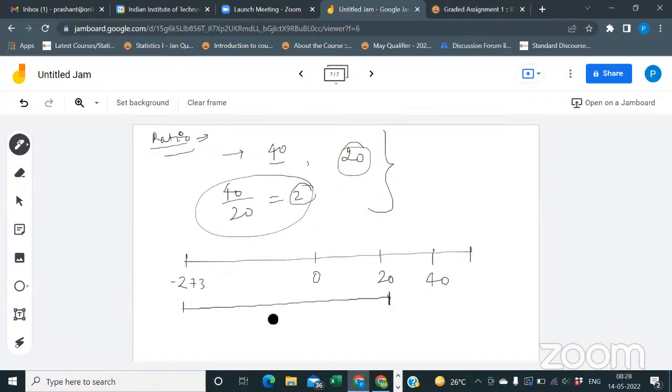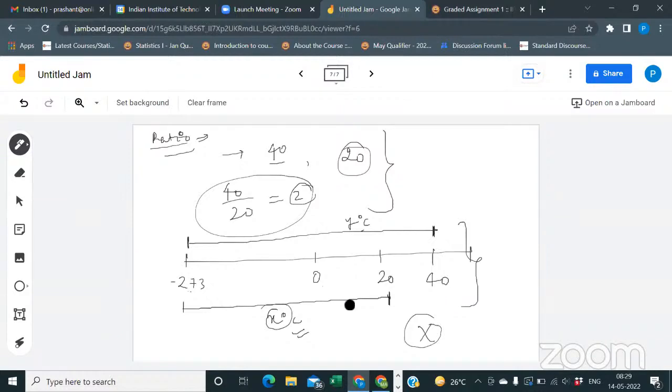There is a difference of x degrees Celsius between minus 273 and 20 degrees Celsius, and from this to this, suppose it is y degrees Celsius. Can I say y degrees Celsius is 2 times x degrees Celsius? No, you can't say that. That is the meaning of ratio comparison.